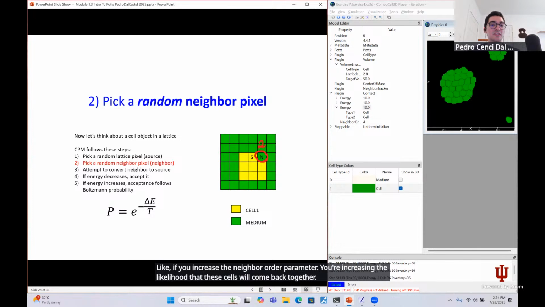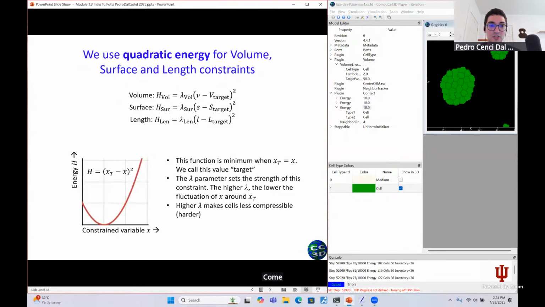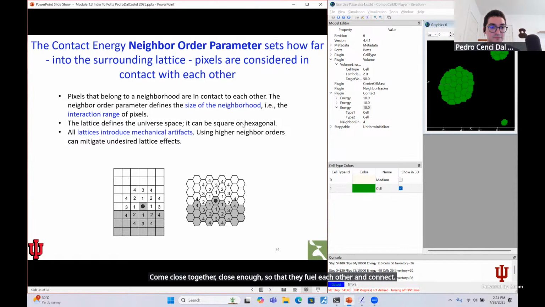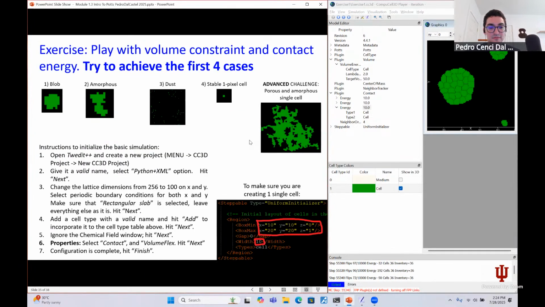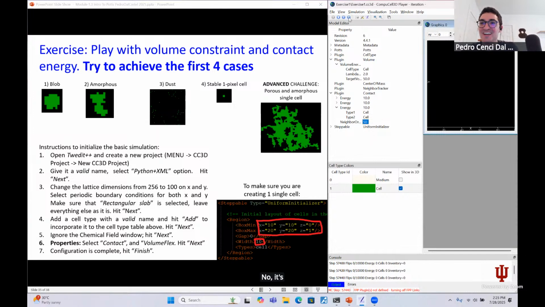But you are decreasing locality, as it is necessary that the cells come close together, close enough so that they feel each other and connect. Correct. Yeah. Maybe I can do that if I increase like to 50. No, it's too slow. Yeah, okay.